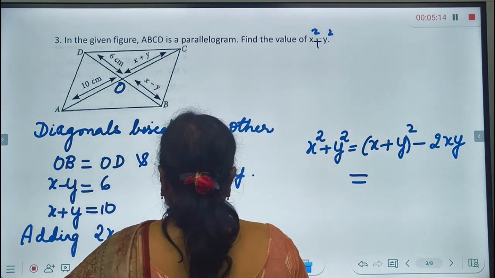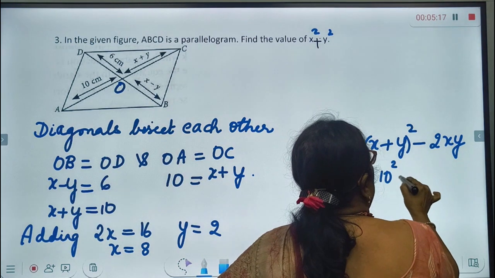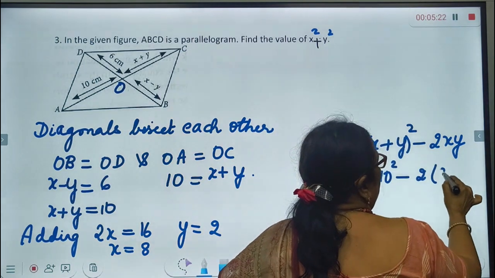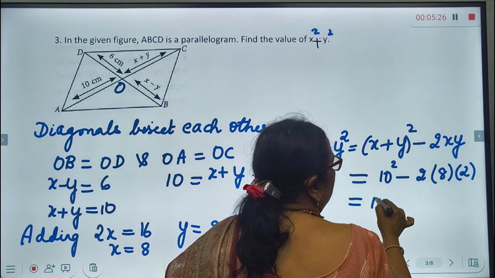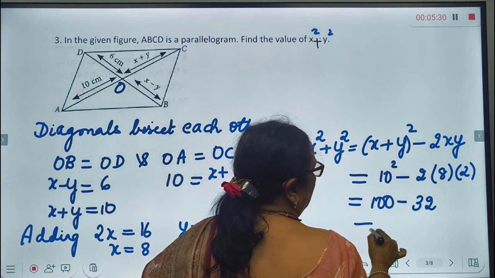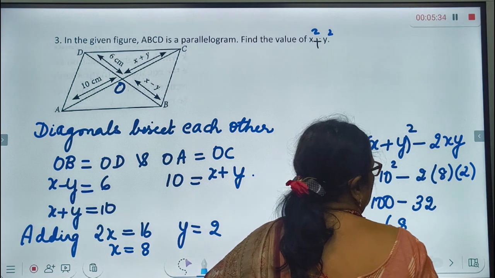Now what is x plus y? X plus y we already know is 10. So 10 square minus 2 into, what is x? X is 8 and y is 2. So what will you get? 100 minus 32. What will be 100 minus 32? 68.